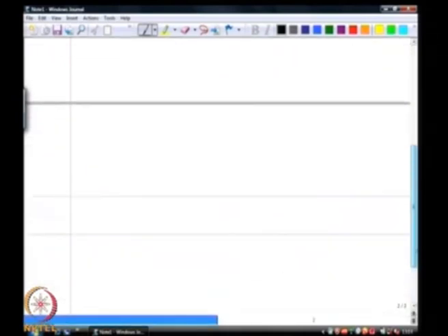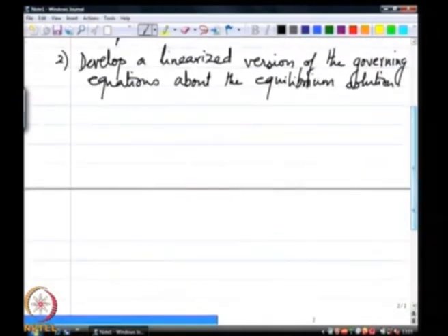So, what this does is it helps us understand the behavior of a small perturbation around the equilibrium solution.